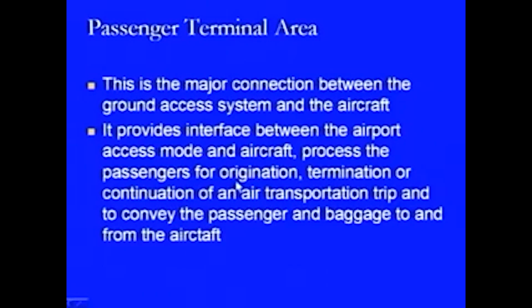It may happen that the passenger is starting the journey from that airport, and that is where it is an origination condition, and the aircraft is also starting from that location. Or it may be a termination, where the aircraft has reached the final destination, and therefore the passengers are coming out of the aircraft and subsequently out of the airport also.